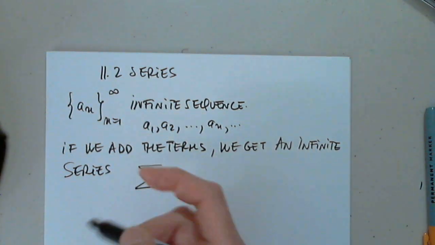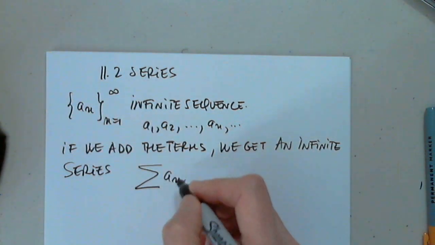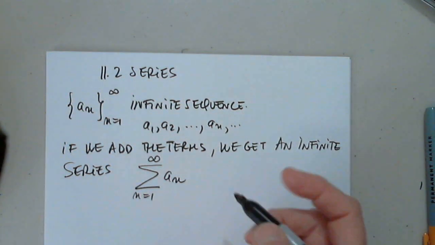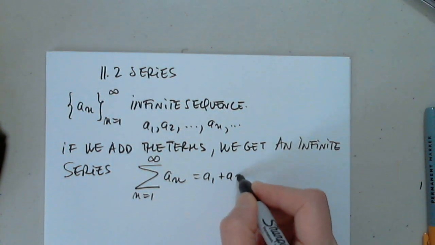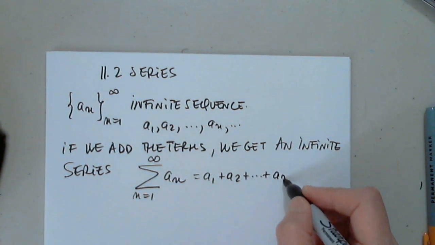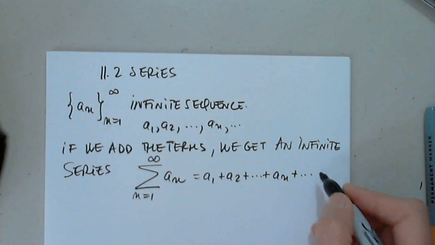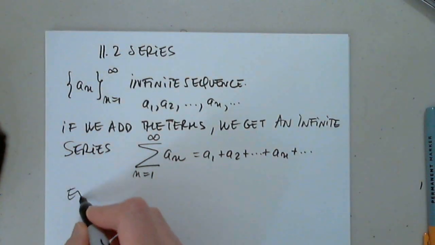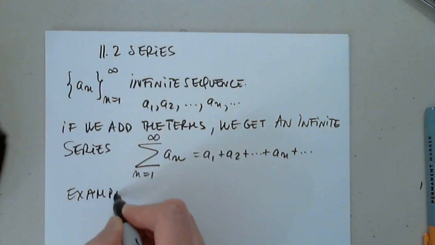So the sum from n equals 1 through infinity of a sub n, infinite series, and that will be a sub 1 plus a sub 2 plus dot, dot, dot, exactly three dots, plus a sub n plus dot, dot, dot, exactly three.